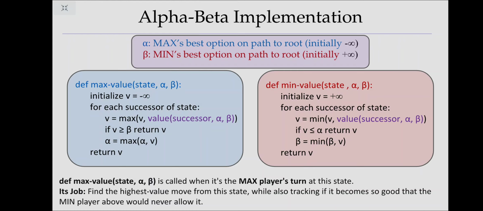Because of that, it calls a loop over the successors. In this loop, because the successors are min players, the min value of the successor with respect to alpha and beta is called.